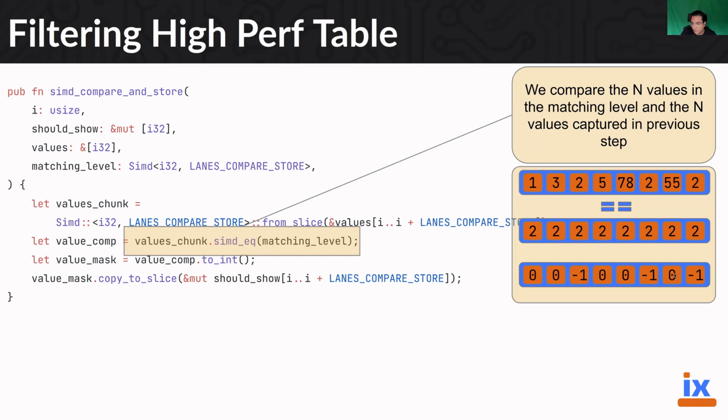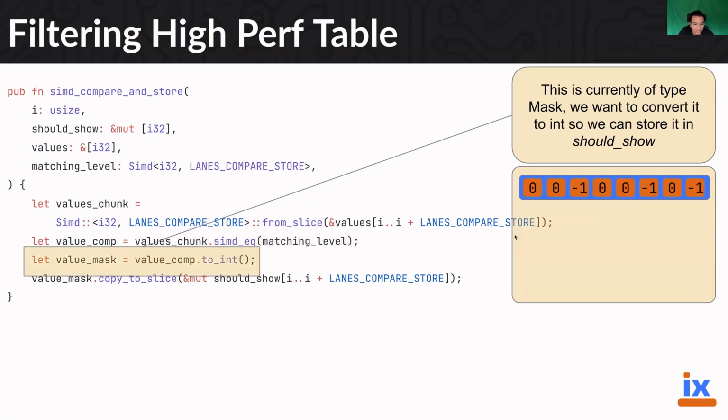And in this case, we would get a result that looks something like this. The ones that don't match go to 0, and the values that do match go to -1. This is what we typically call a mask. But we need to convert this back to an integer so that we can actually store it back on our should show vector. So now we have an actual SIMD integer array that looks like 0, 0, -1, 0, 0, -1, 0, -1.